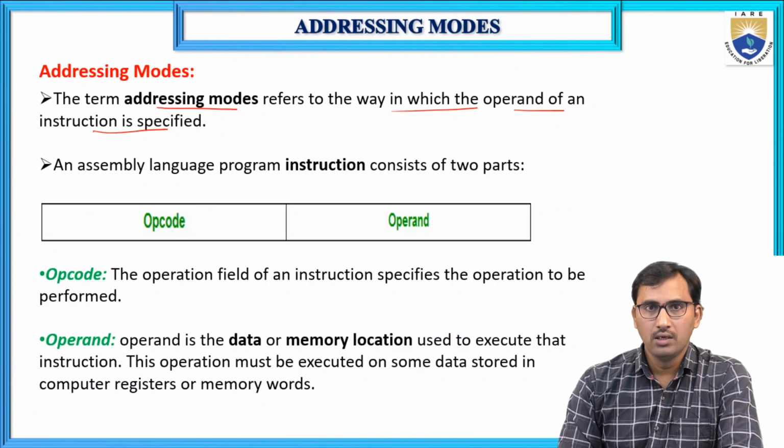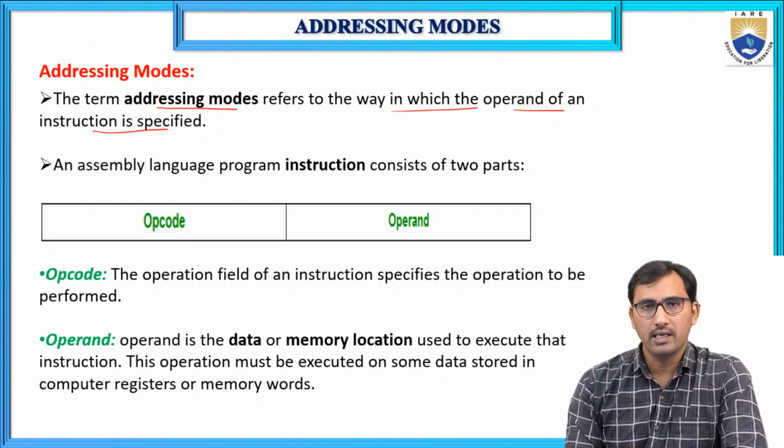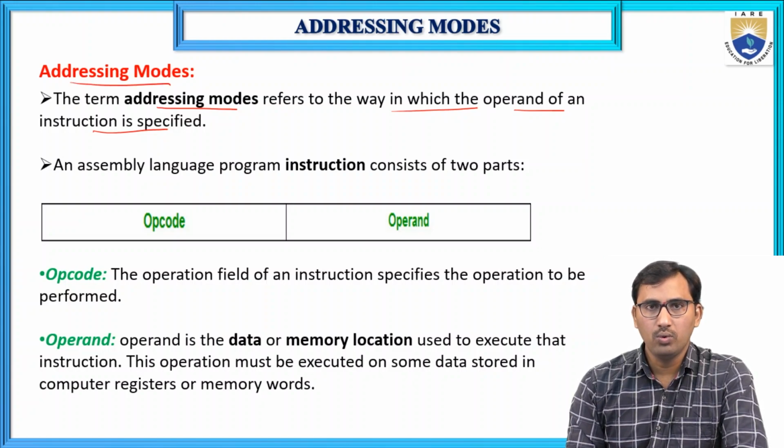That means we can specify the operand in several ways: directly in the instruction, or in a register, or in the memory. These are the different ways to specify the operand. So the addressing mode specifies how the operand is specified in the instruction. For that purpose, we have several addressing modes.